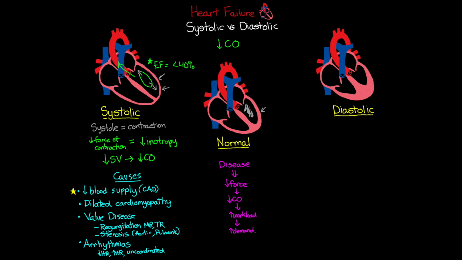And again, we have a demand problem in heart failure, so this is going to lead to cell death. And as a result, that cell death is going to feed right back into a decrease in the force of contraction and start this whole cycle again. And so at this point here with the cell death, when we are looking at systolic heart failure, this means we're going to have less muscle cells.